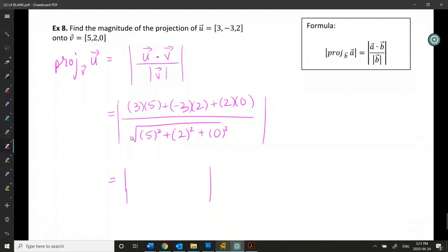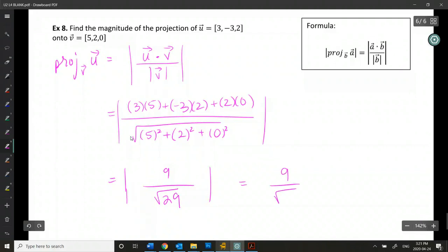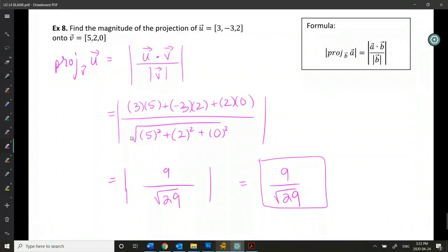All right, so on the top, I'm seeing that we're getting 15 minus 6 plus 0. So that gives us 9. And on the bottom, we're getting 25 plus 4, which gives us root 29. And remember, this is absolute value, so if it were negative, I would make it positive. But in this case, it's positive, so it will just remain positive. So we get 9 over root 29.